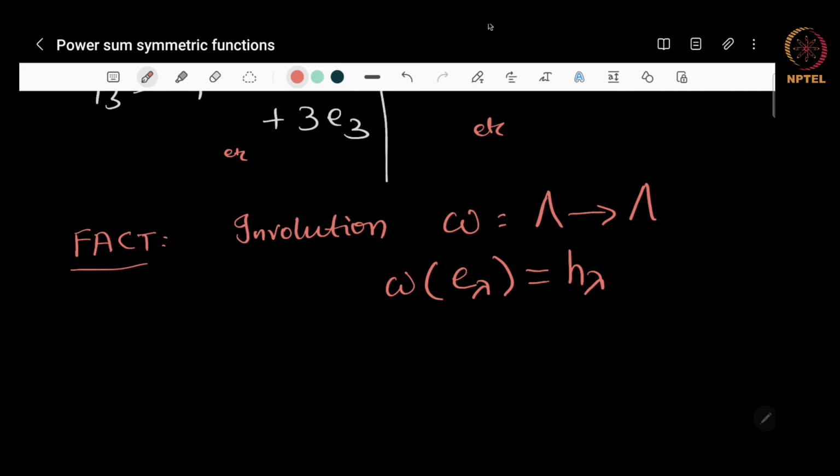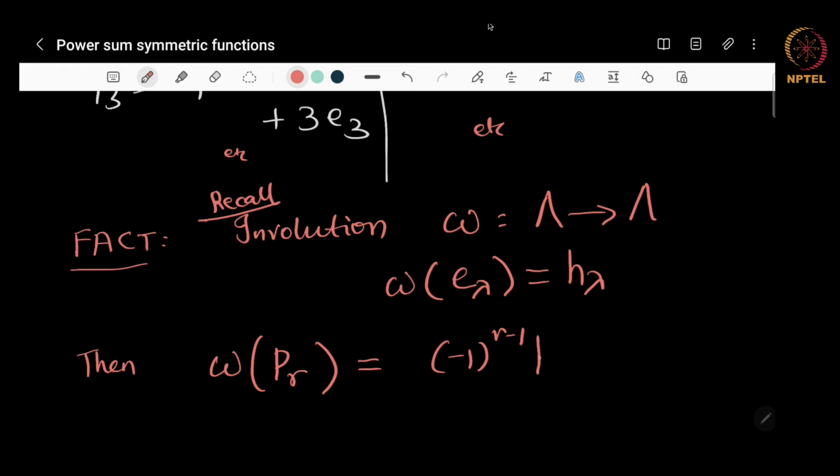Now, when this involution acts on P_r, it just maps it to (-1)^(r-1) P_r. I won't actually do the proof in full.